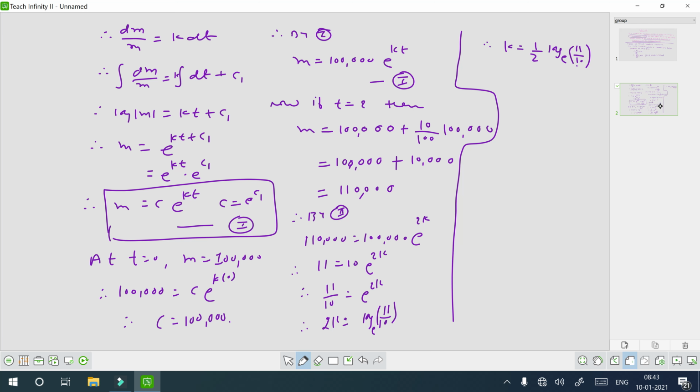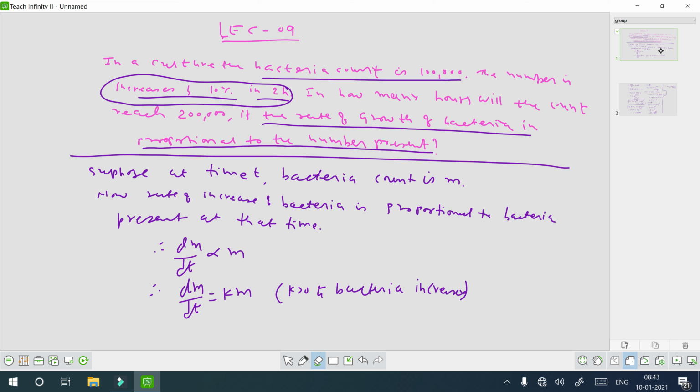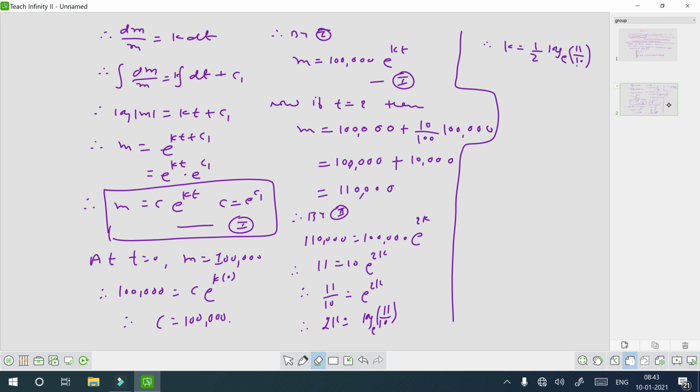Now what we want? We want to see in how many hours the count will be 2 lakhs. Here, if n is equal to 2 lakh, then what is t?